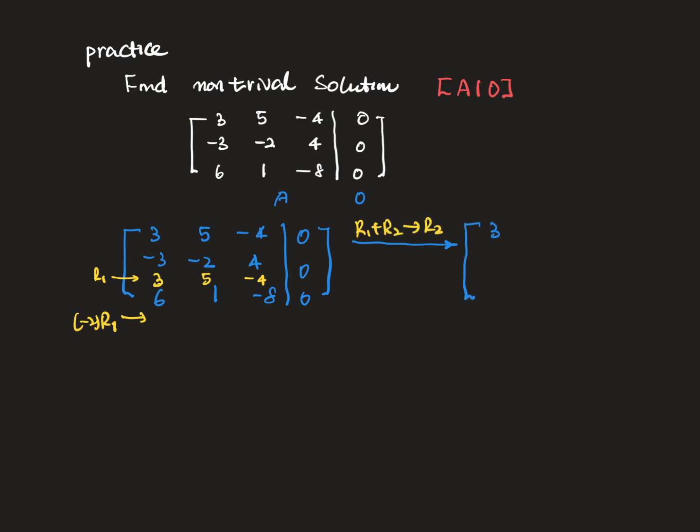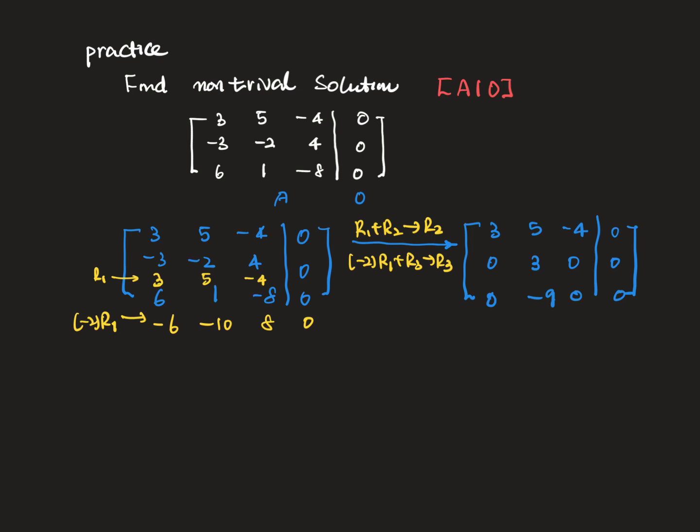So R1 doesn't change: 3, 5, negative 4. So R2 is going to be 0, 3, 0, 0. Got it? Here, negative 2 times R1 is negative 6, negative 10, 8, 0. So what you did is negative 2 R1 plus R3 going to R3. So what do you have here? 0, negative 9, 0, and 0.